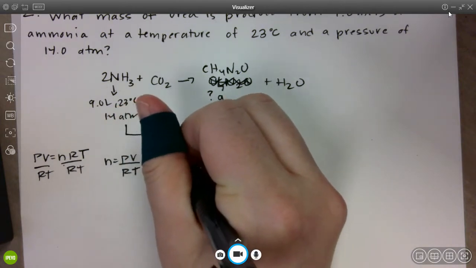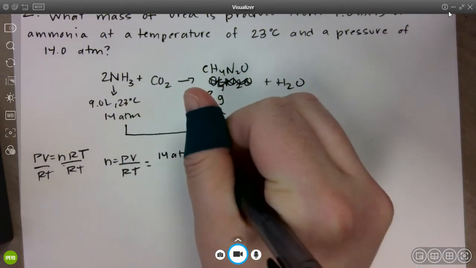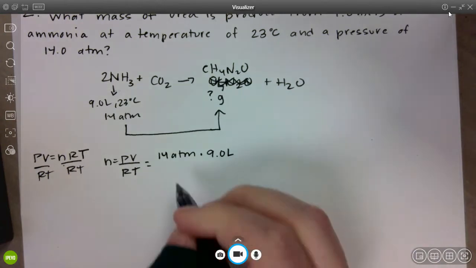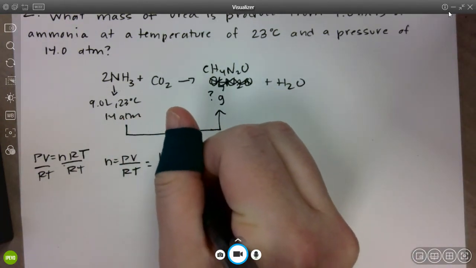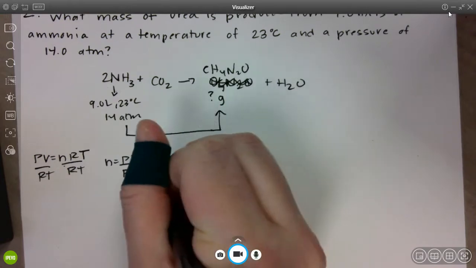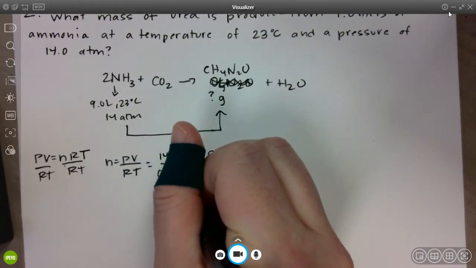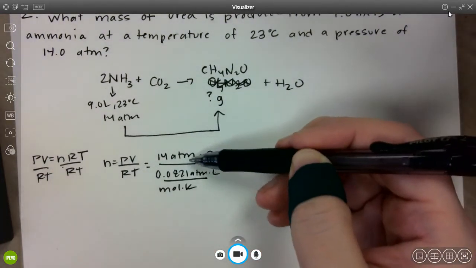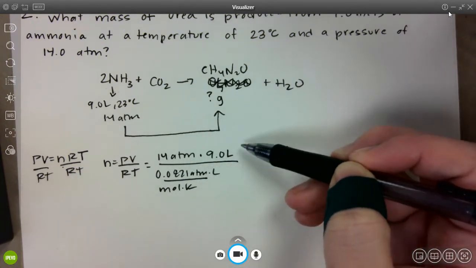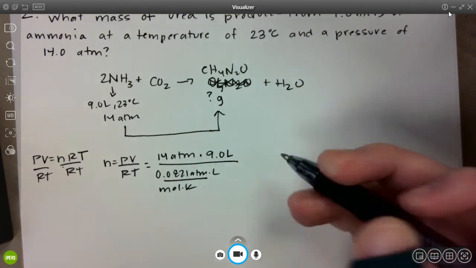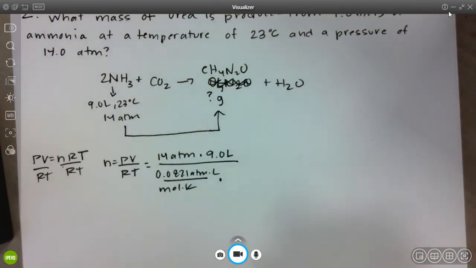I'm going to get this into my moles. I have 14 atmospheres, 9 liters, divided by my R, which is 0.0821 atmosphere liter over mole Kelvin. Watch your pressure to make sure it is in atmospheres. Watch your liters to make sure they're in liters. And remember your temp has to go into Kelvin.